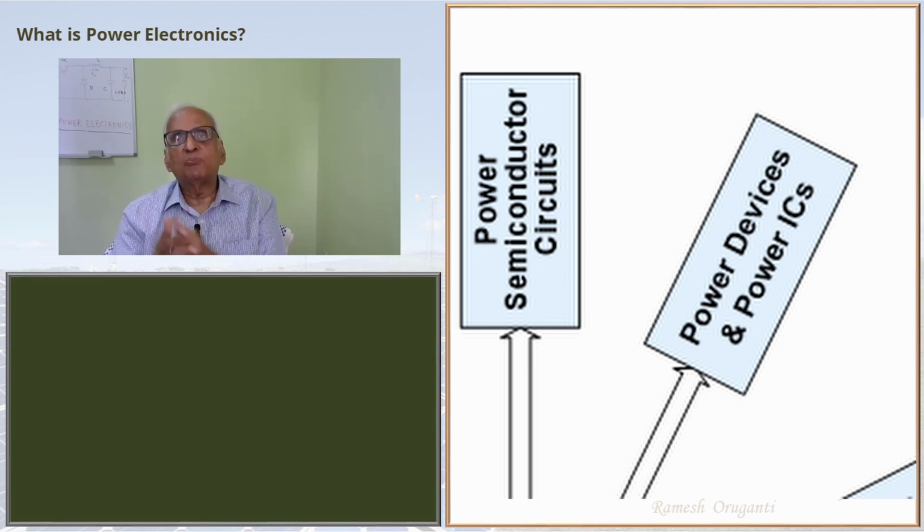For example, in a low power charger, you might find an integrated circuit. So some other power electronic engineers will be interested in that particular device and its applications and so on.